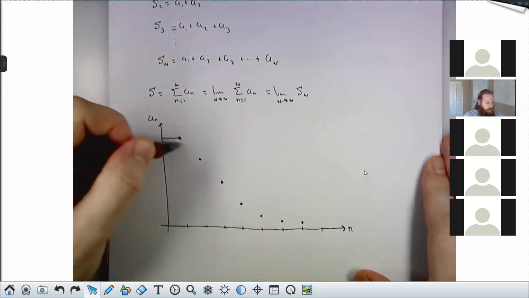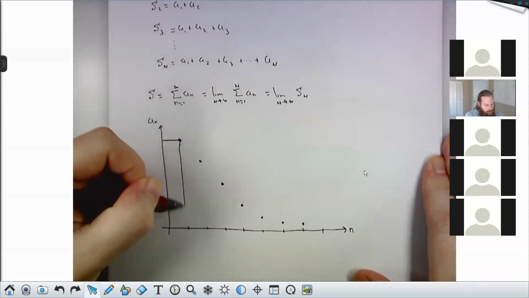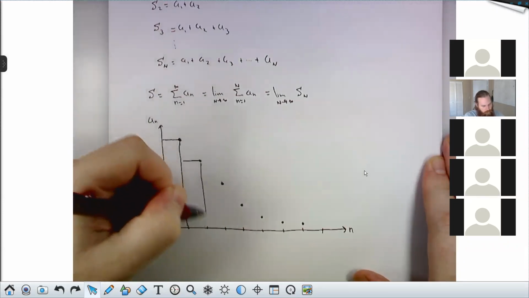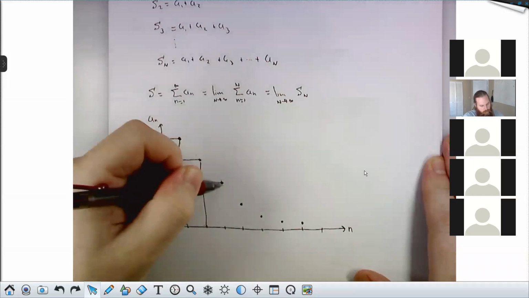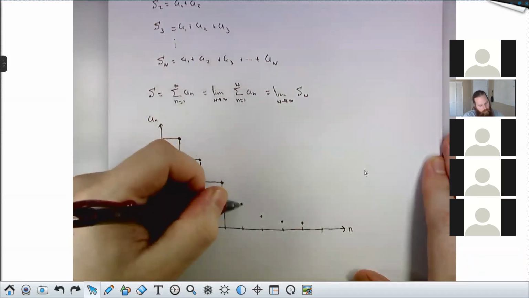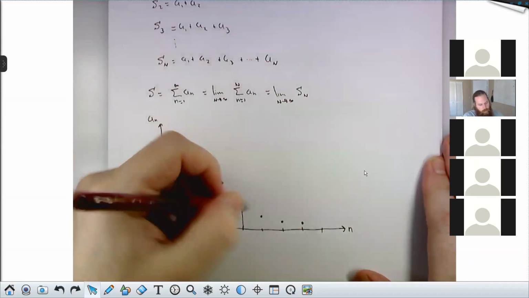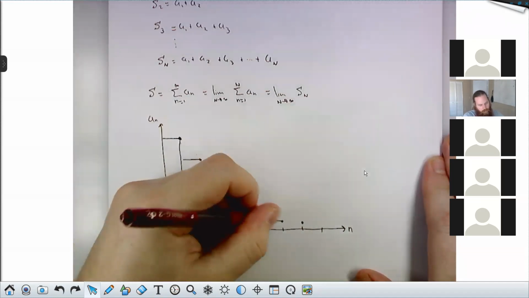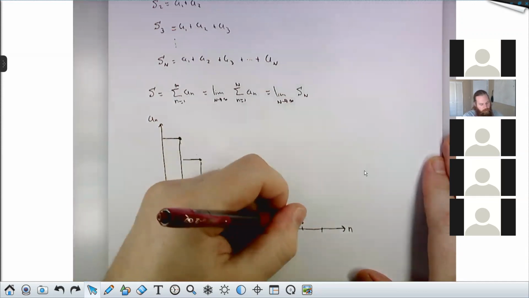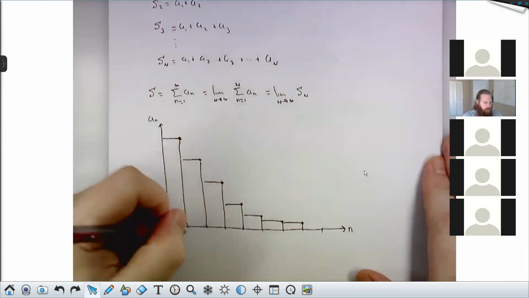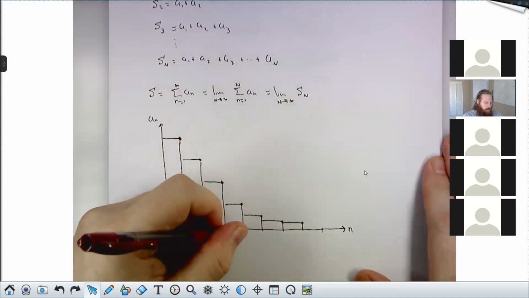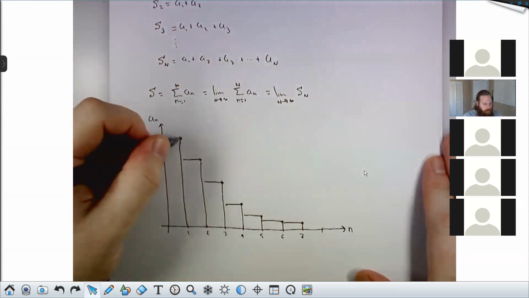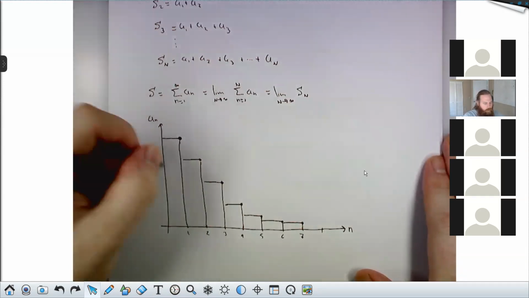If I draw in some rectangles, each one of these rectangles has width 1. So I started with the graph of the sequence An. So the height of this dot is the value of A1.